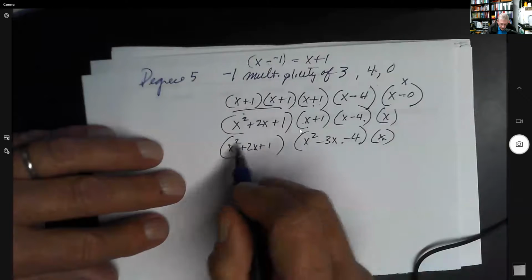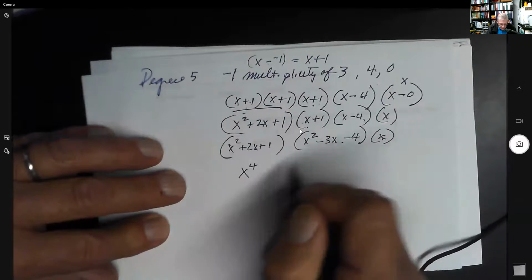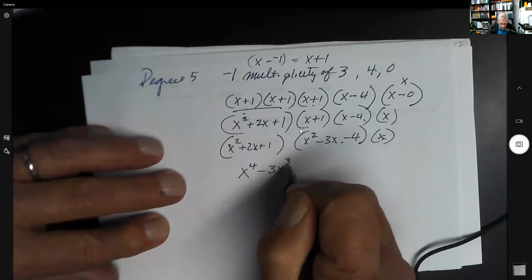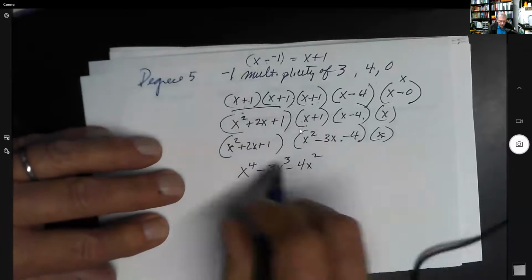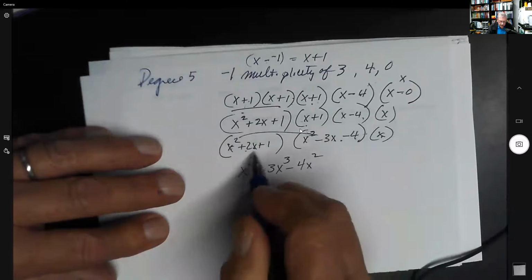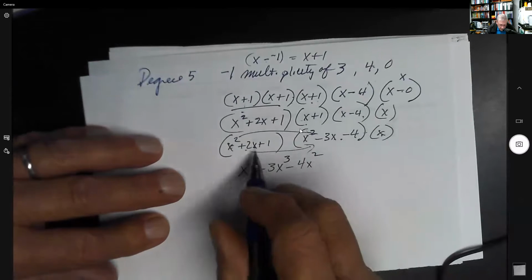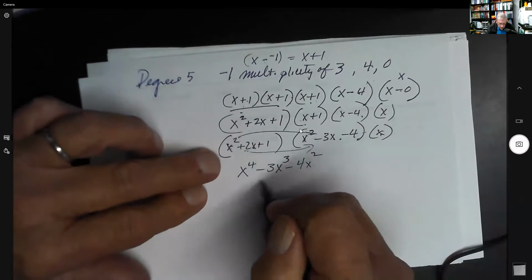So let's distribute the x squared to this one. X to the fourth minus 3x to the third minus 4x squared. So I'm distributing this x squared to each term. Now the 2x. This will be a 2x cubed. I put it right here.